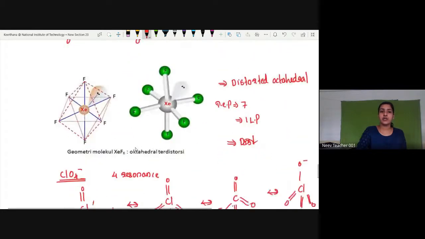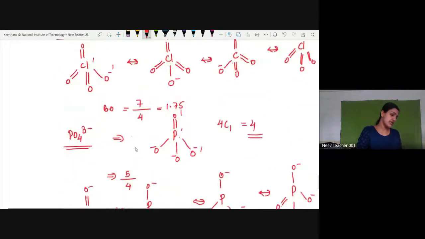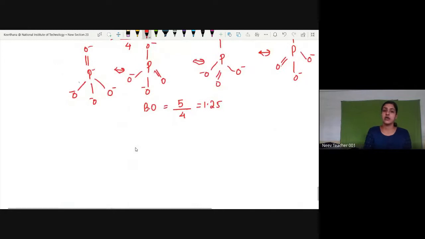So what is the bond order in the other homework? It was SO4 2 minus, right? What is the bond order in SO4 2 minus?